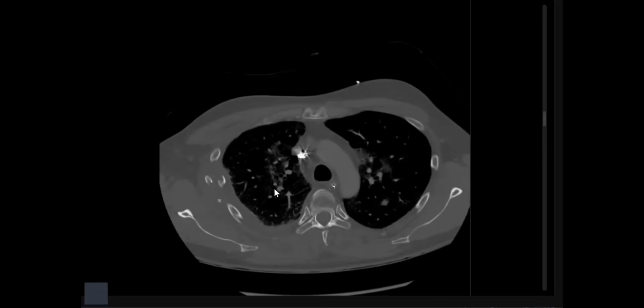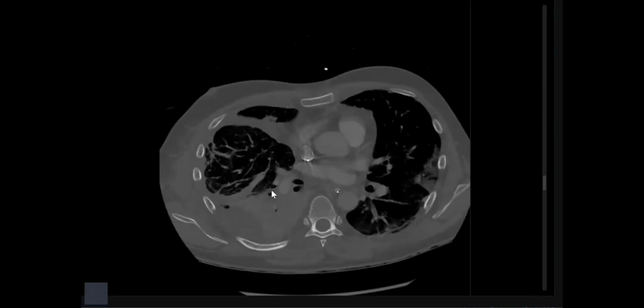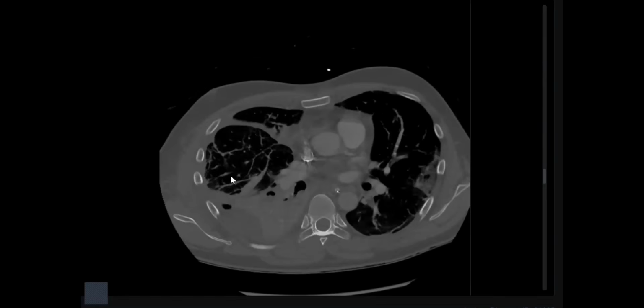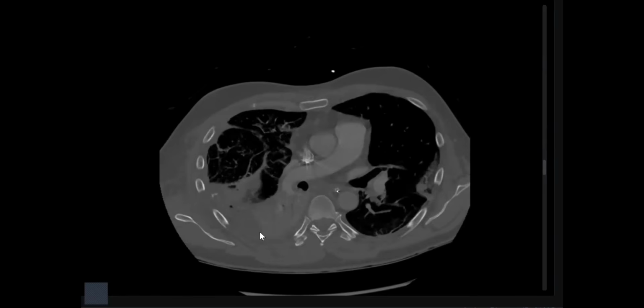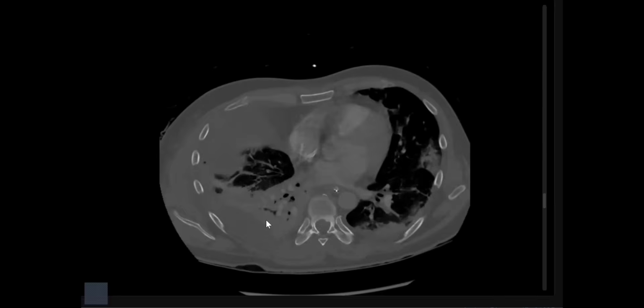Roughly speaking, at multiple levels from third to sixth, we are seeing displaced fractures with associated hemothorax on the right side with underlying lung parenchymal collapse.